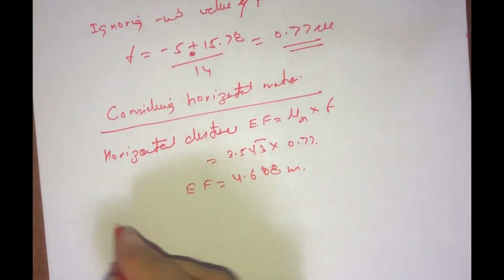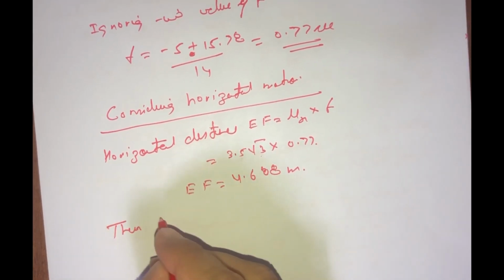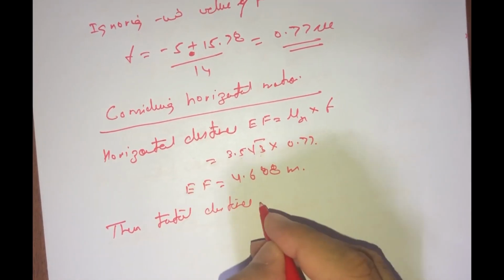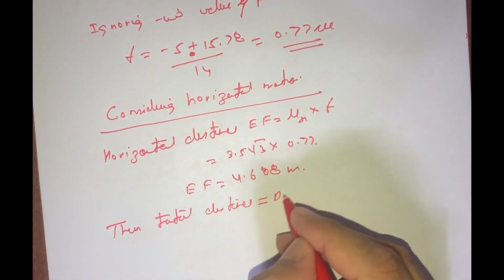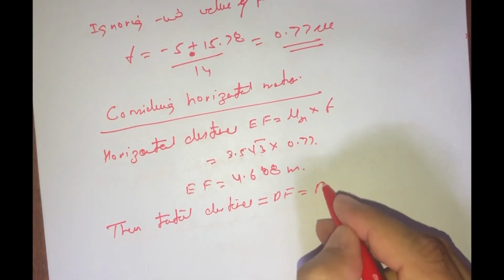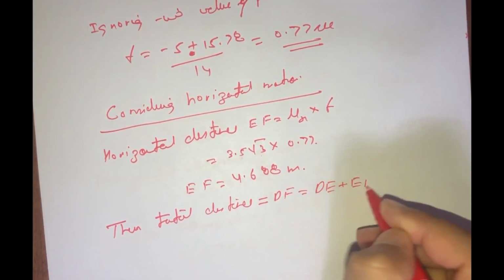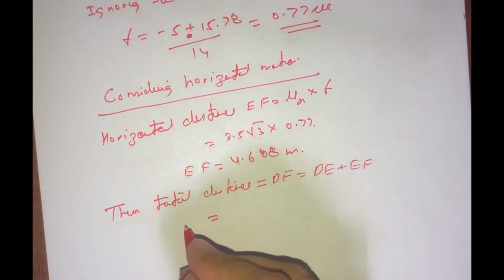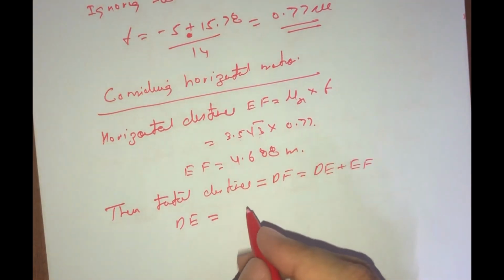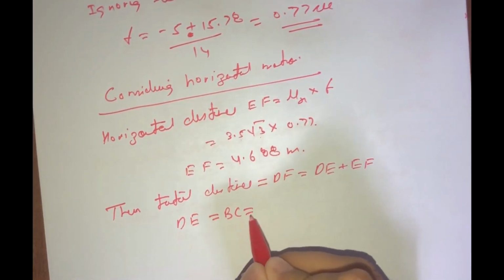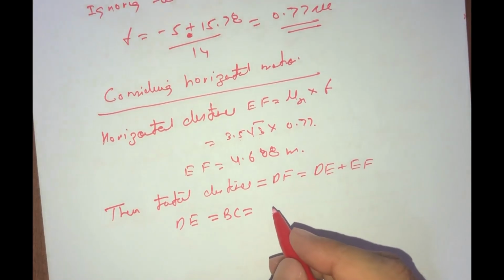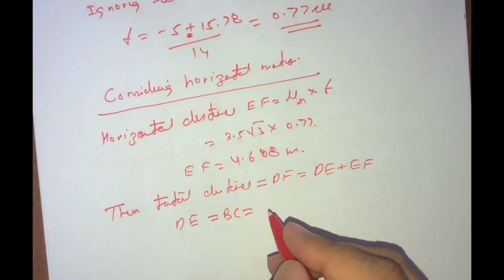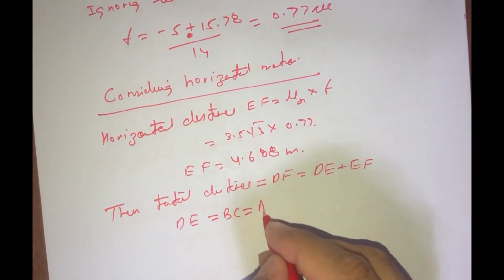Then the total distance is DF, which is equal to DE plus EF, and DE we can find out as nothing but equal to BC, which is equal to AC cot of 30.